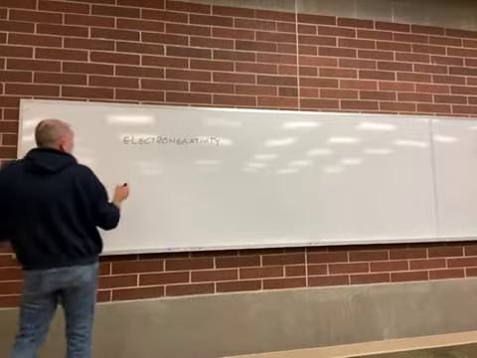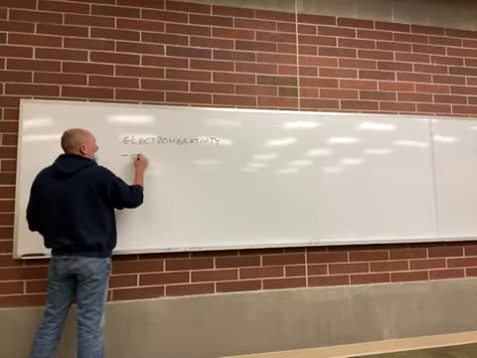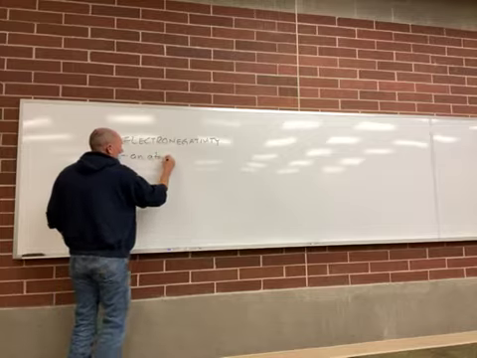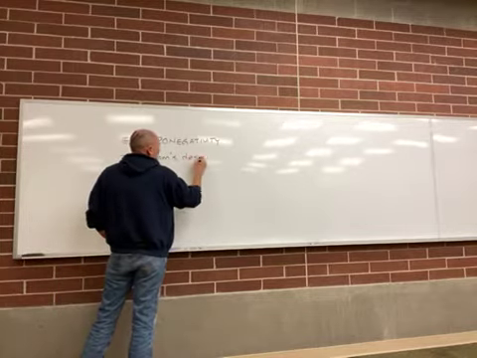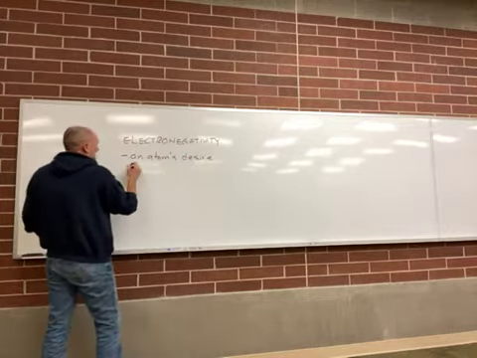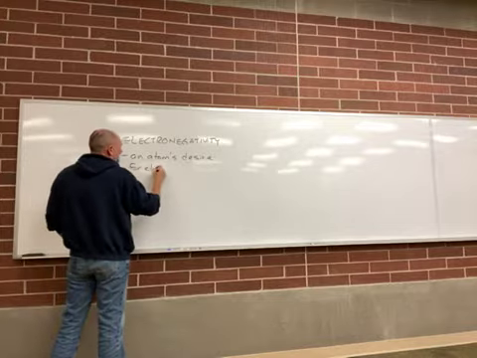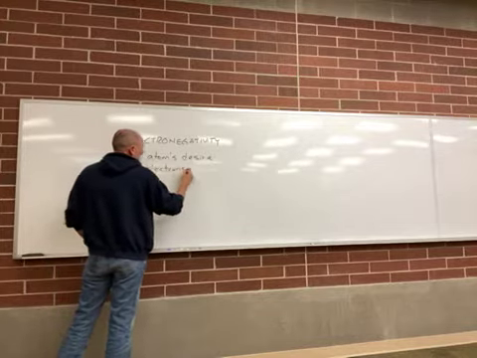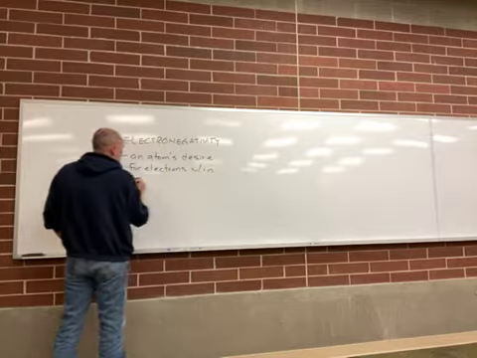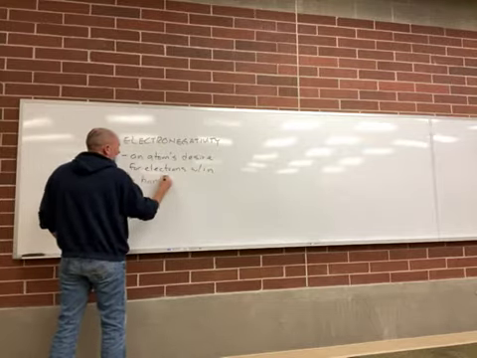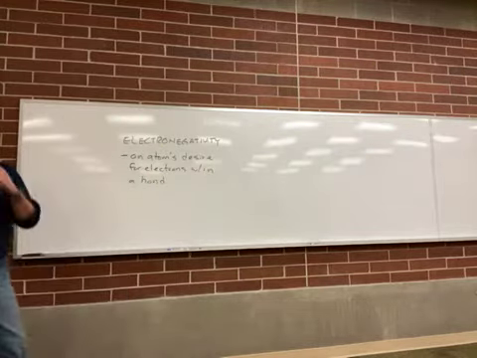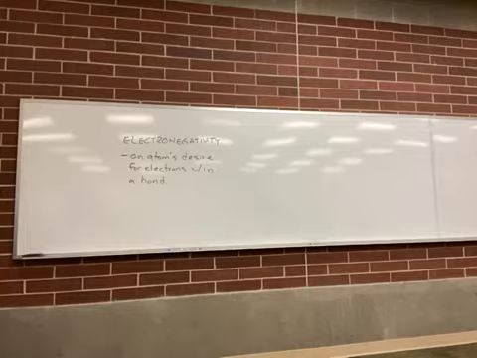So electronegativity is an atom's desire for electrons within a bond. Okay? That's memorization. Electronegativity is an atom's desire for electrons within a chemical bond, within a bond.